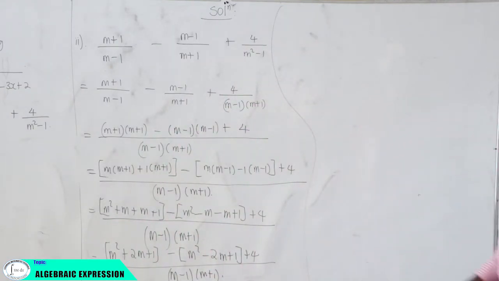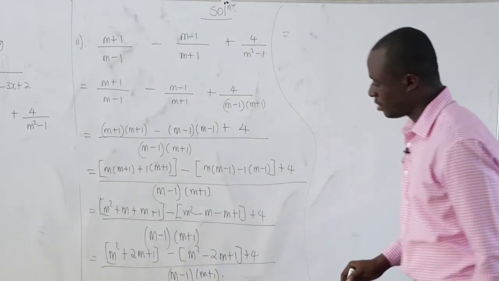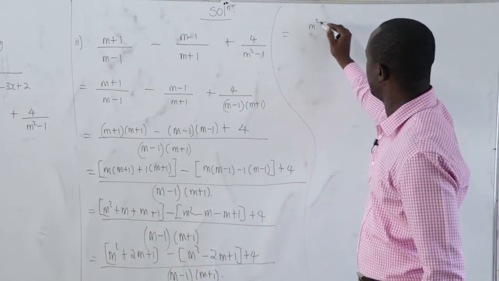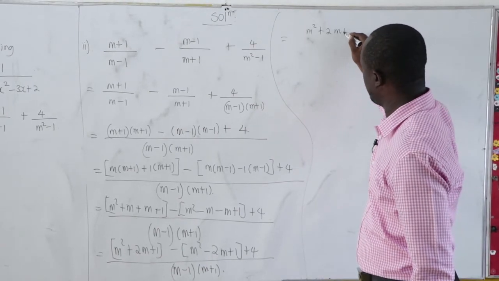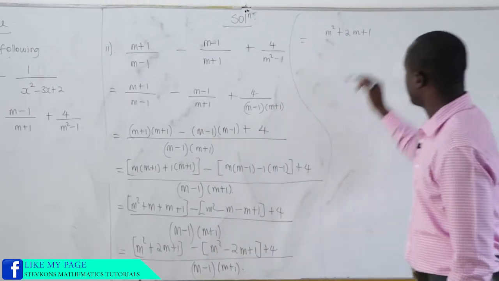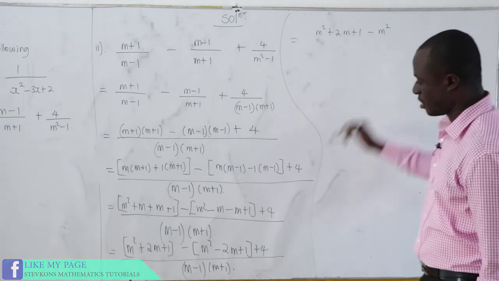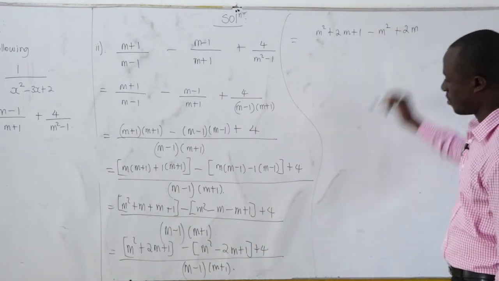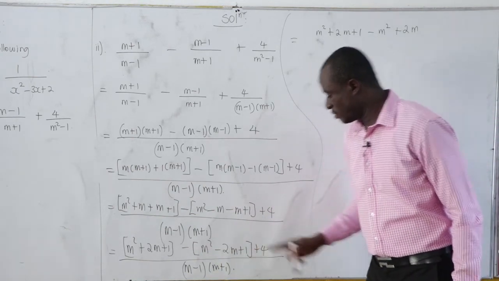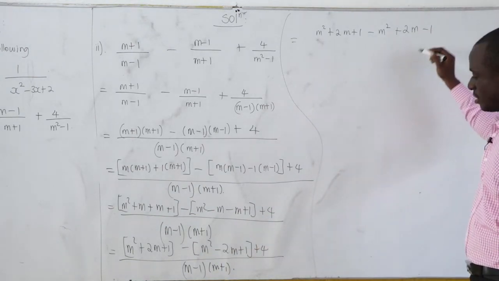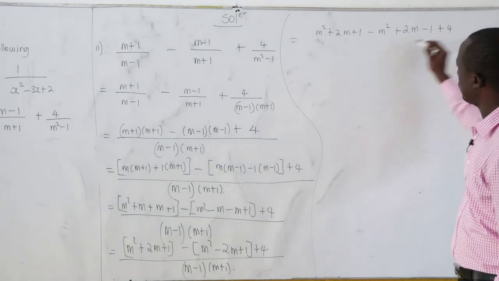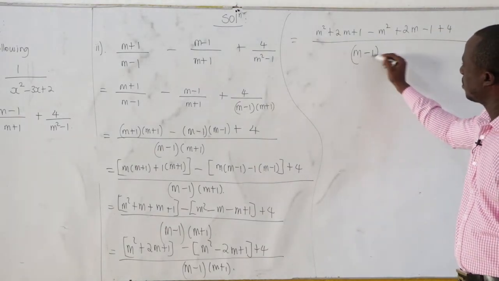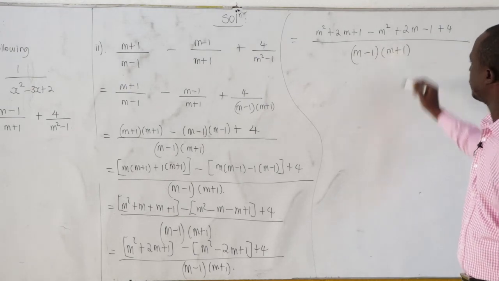Now from here, what can we see? 1 times everything is the same thing, so we have m squared plus 2m plus 1. Negative and positive, that's negative m squared. Negative and negative, positive, so we have plus 2m. Negative times positive, that's negative 1. We have plus 4 all over m minus 1, m plus 1.